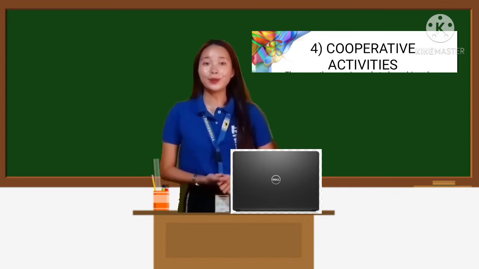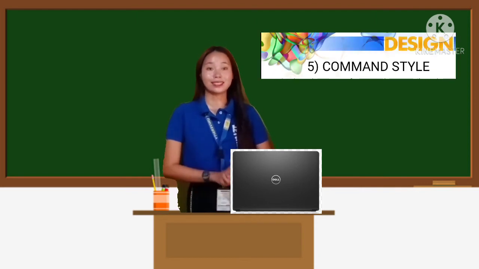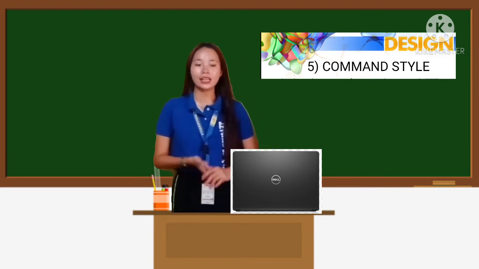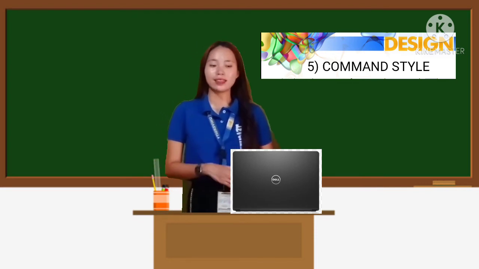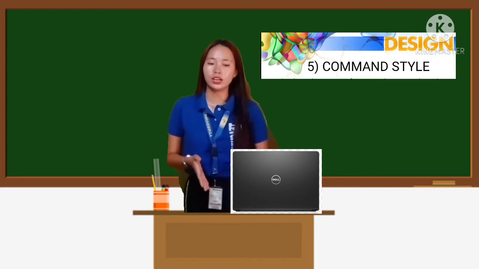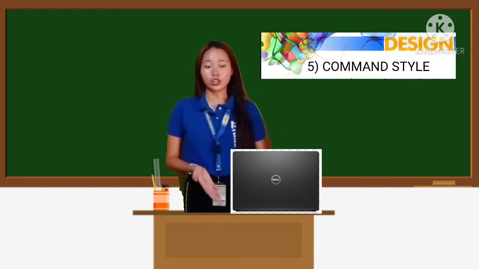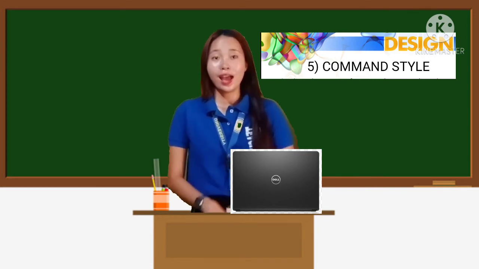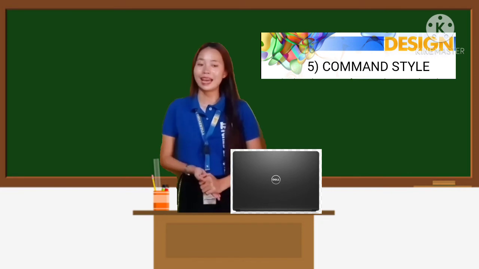Next method, we have command style. Under this, students learn to perform a task accurately and quickly as presented by the teacher. The teacher makes the decisions and the student complies. So, we have examples of command style.